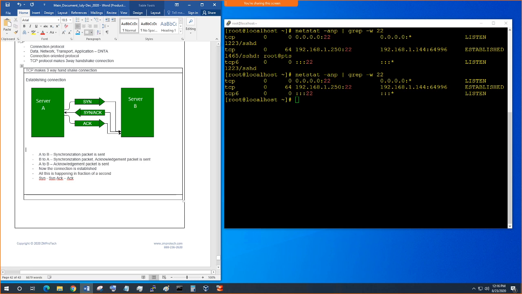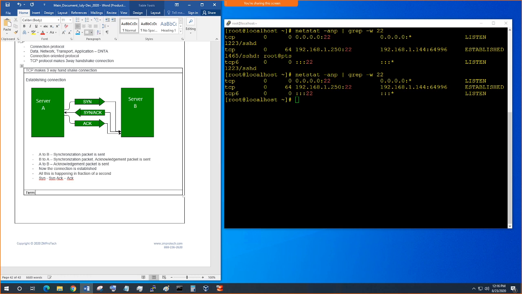Now what we're going to learn about is how to terminate the connection. TCP termination.